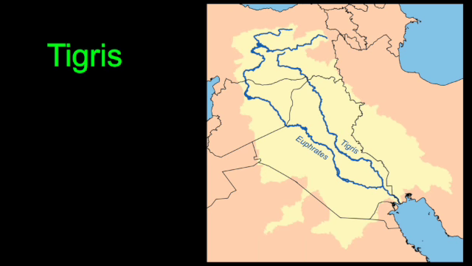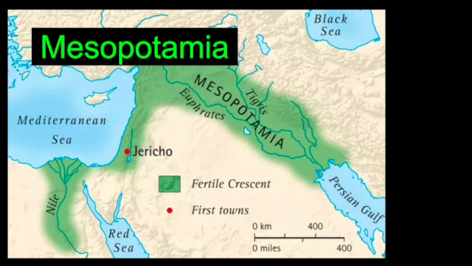The Tigris is the one that's a little more northeast. These two rivers together form what we call Mesopotamia, literally the land between the rivers, the Tigris and the Euphrates. Both of them pour into the Persian Gulf. And that area is going to become a big home for early civilizations and early cultures.